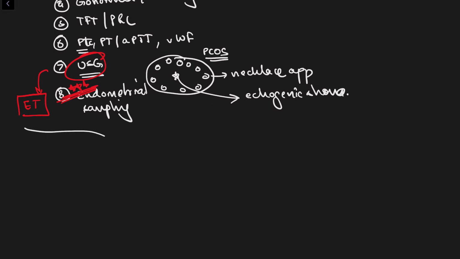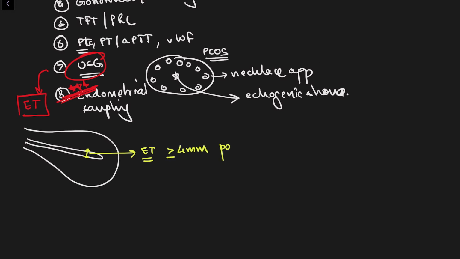We will see an echogenic line. Right? We'll place our calipers from this echogenic line to this, and this will give the ET, or the endometrial thickness. If the endometrium is more than 4 mm in postmenopausal, very, very, very important point. Remember this always. Right.